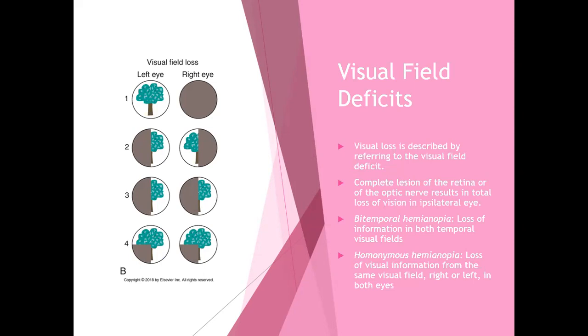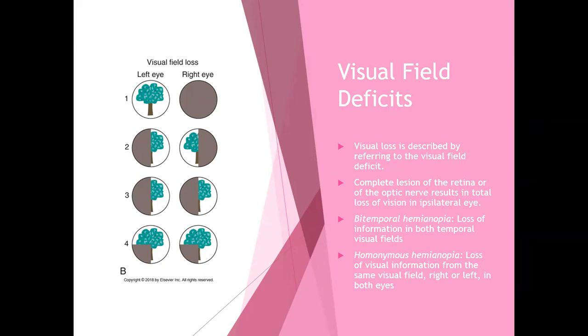Visual field deficits are described by the visual loss that you experience depending on where the lesion is. So a complete lesion of the retina or the optic nerve results in total loss of vision in the eye on that side.